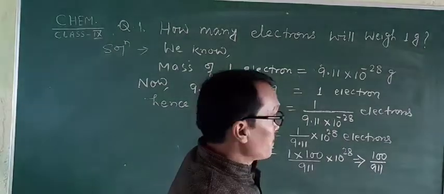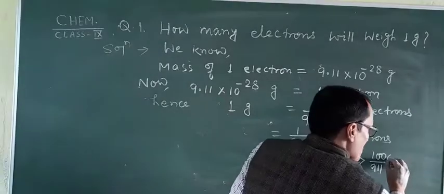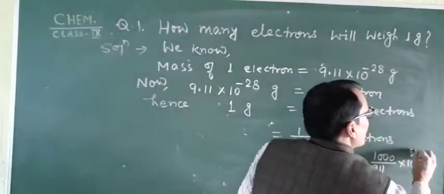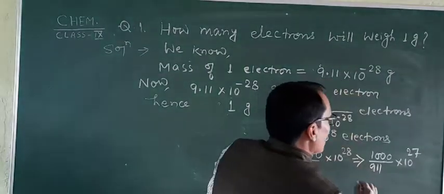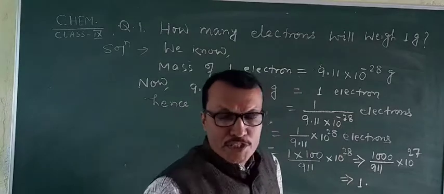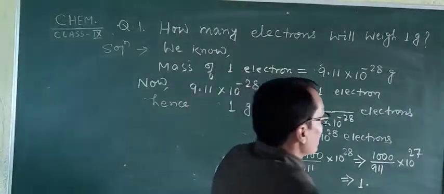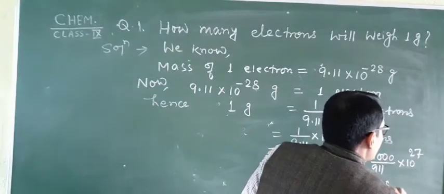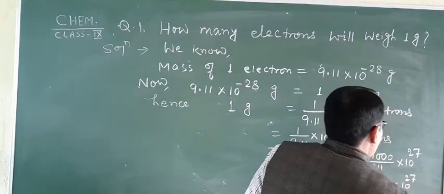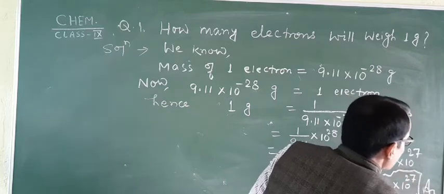Now students, 10 is taken from this, so this you can write 1000 multiplied 10 to the power 27, and on solving you get 1.098 multiplied 10 to the power 27, and this is the answer of this question.